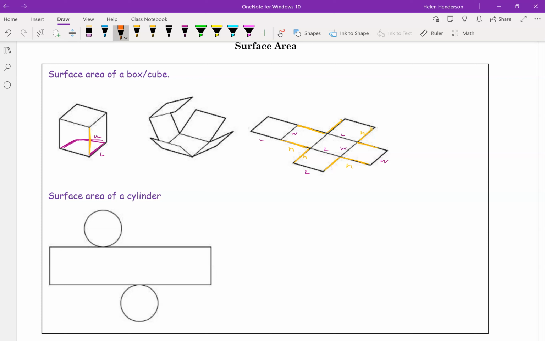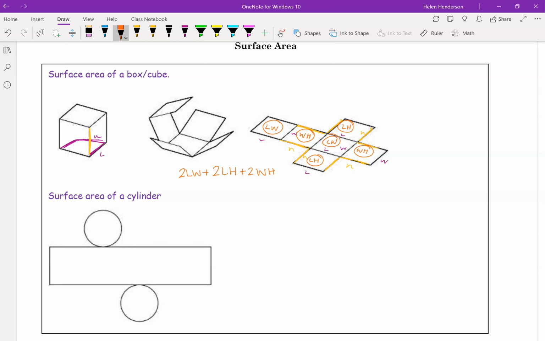So if you look, we've got a length width, a width height, a length width, a width height, a length height, and a length height. And so there's two length heights, two width heights, and two length widths. And that's where that formula comes from.